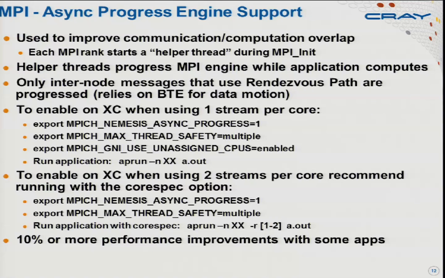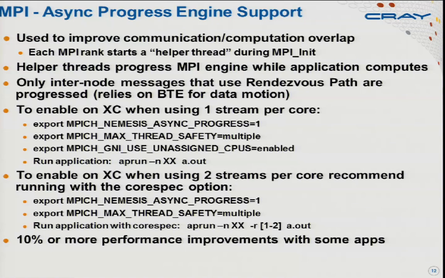To enable it, these are the environment variables that you set. When using one stream per core, you set this environment variable, you set thread safety, and then you enable it. And then you can just run it without anything else on the line, because remember, in single stream mode the other hyperthreads are there anyway, and it's been designed to use those hyperthreads.